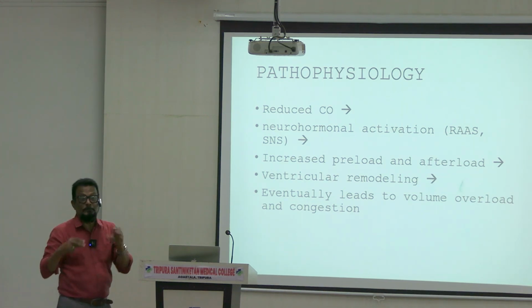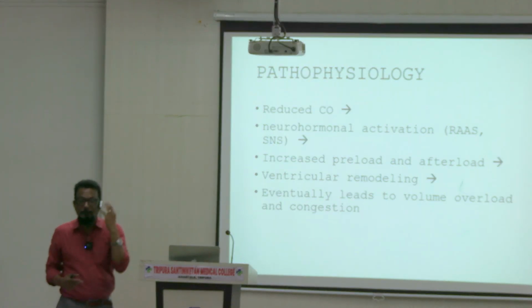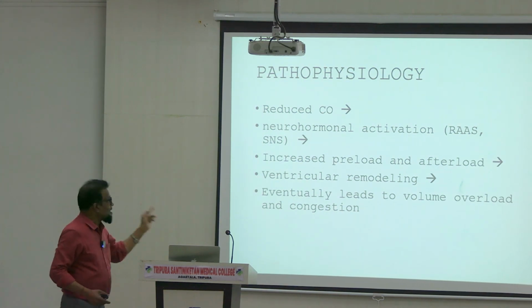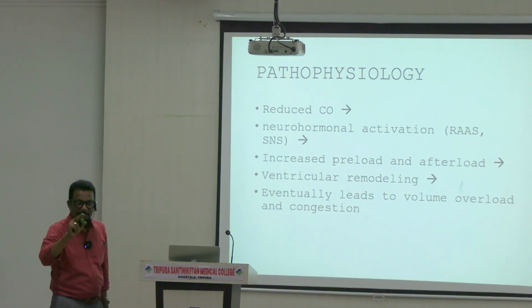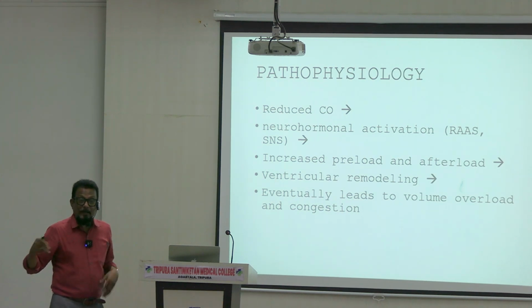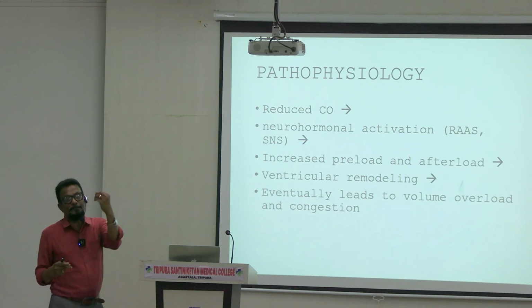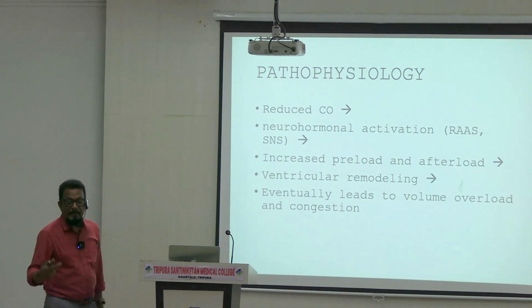But it cannot go on for a long period. It will fade. Up to this point, when it is able to maintain or compensate, no signs or symptoms will develop. When it fails to maintain this way, the signs and symptoms of cardiac failure can be seen.